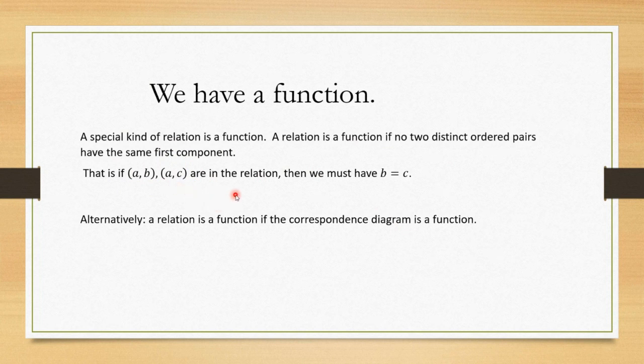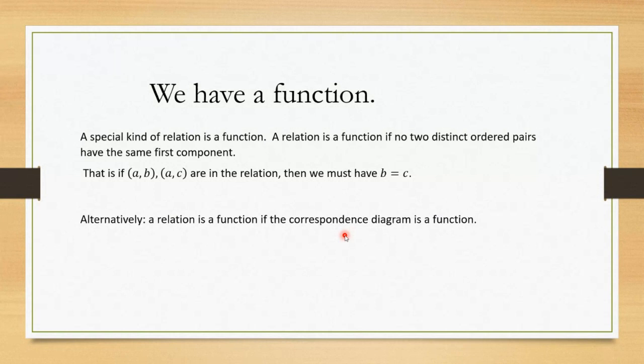Okay, that's probably confusing, I know, but another way of thinking about it is if in the relation all the ordered pairs have different x coordinates, different first components that is, then it's a function. Or if you want, you could just draw the correspondence diagram and see if that's a function.